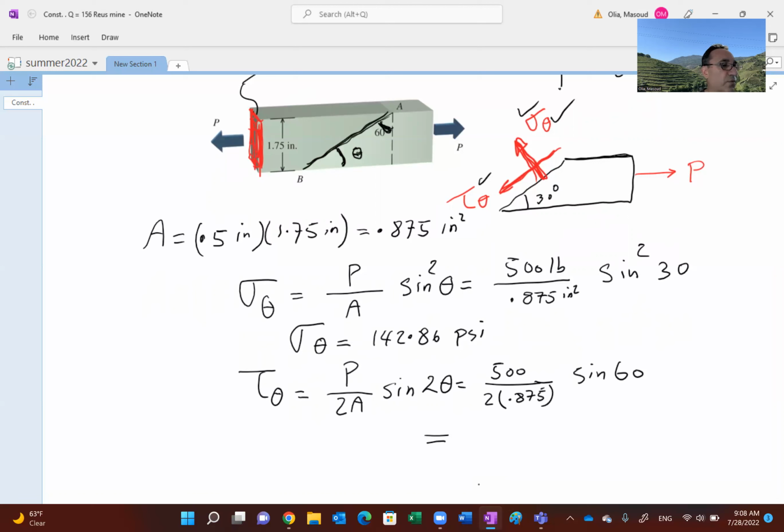If you do the calculations here, you get 247.43 psi. This was just a short example about the confusion on the angle some people have. When I teach this course, people always ask which angle they should use. You have to go back and see how you developed the equations.